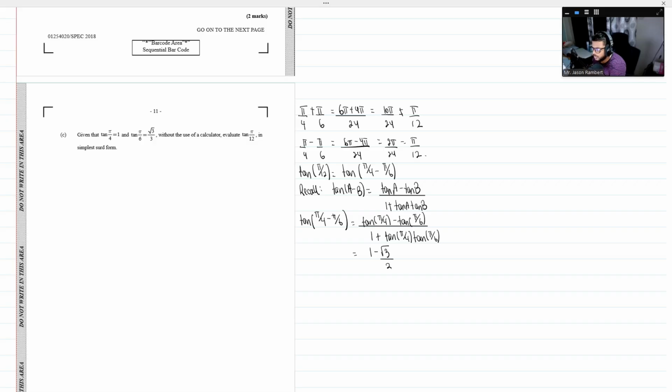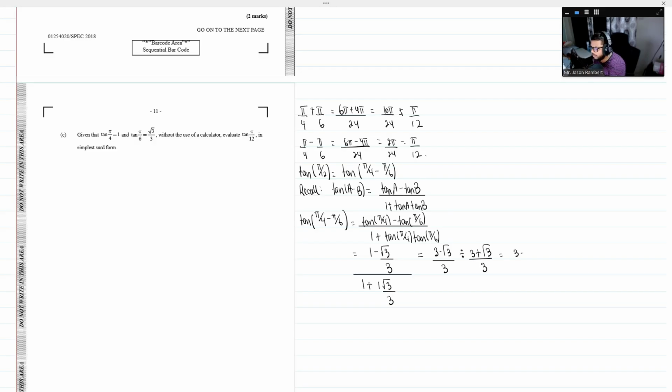So notice what I do in here. I'm putting a big division sign. 1 minus root 3 over 3 divided by 1 plus 1 multiplied by root 3 over 3. I'll simplify my numerator. This is 3 minus root 3 divided by 3. I'll simplify my denominator, but I'll put in the division sign. 3 plus root 3 over 3.